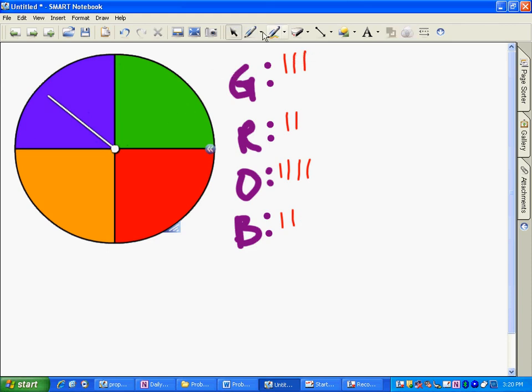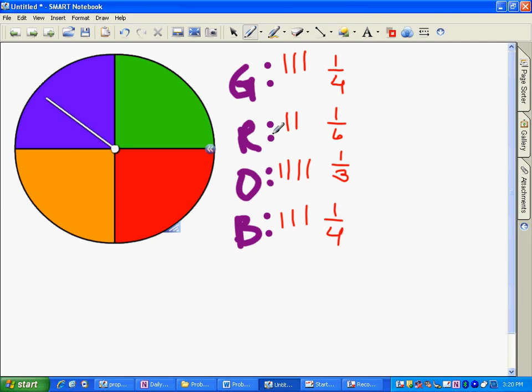Let's do it one more time and then we'll see what it's like. And we got blue. So far, just out of 12 times, we've got 3 out of 12, which is 1/4 green, 2 out of 12, which is 1/6 red, 4 out of 12, which is 1/3 orange, and 3 out of 12, which is 1/4 blue.